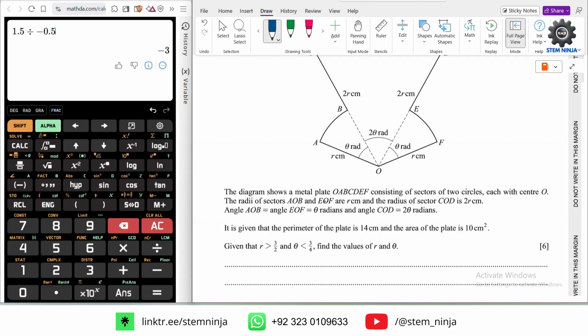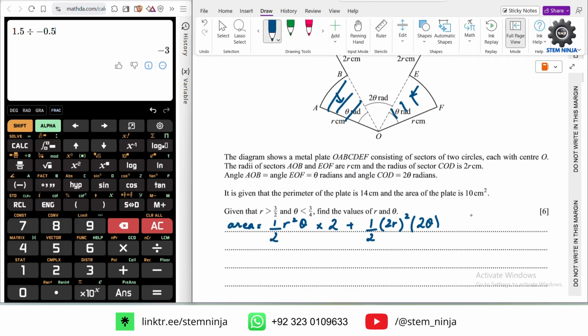Okay, so we need the expression of, because we have two unknowns, r and theta, so we need two different expressions. That means they will come from perimeter and the area. So, okay, area: this is half r squared theta, this is half r squared theta, so area is half r squared theta in radians times 2 plus half (2r) squared times 2 theta.